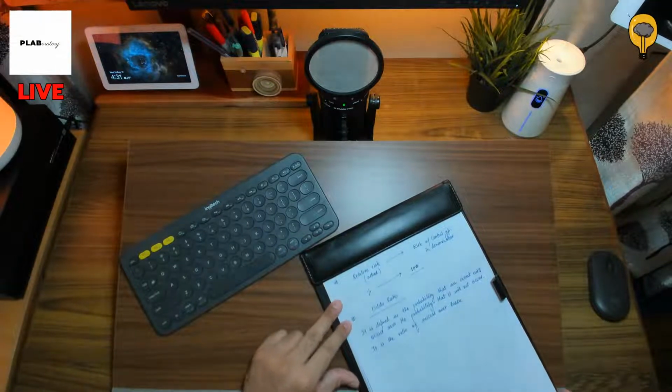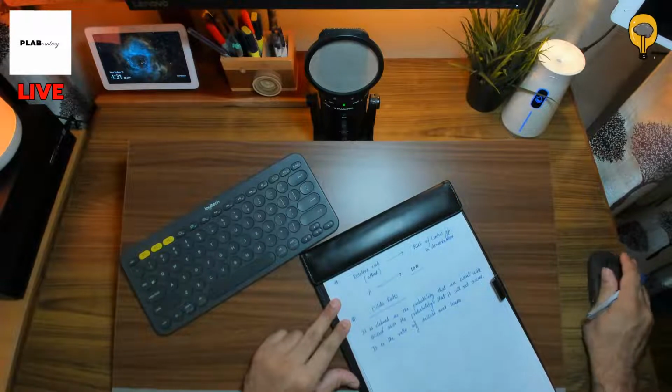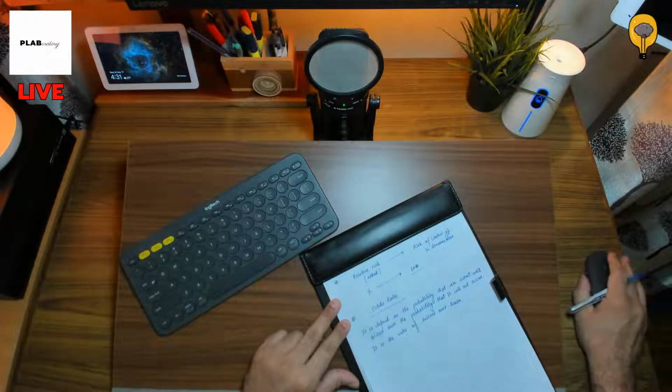Now, in a game of football, if Chelsea plays with Liverpool 5 times and wins 1 out of 5, the chance that Chelsea will win the next match is 20%. The odds of winning, however, is not 20%.